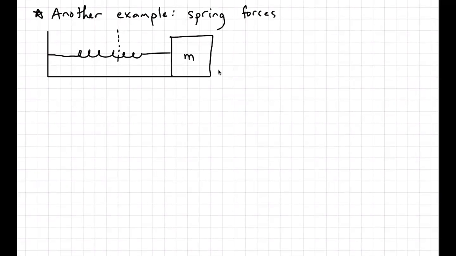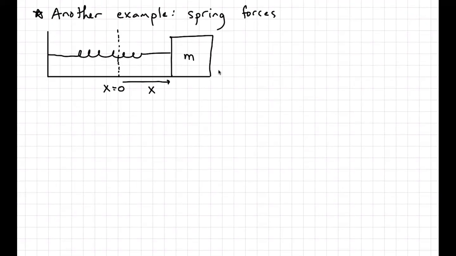Let's say that's somewhere here, so I'll define this to be x equals 0. And there's some position x where, in this picture, I have pulled the mass away from the equilibrium position.